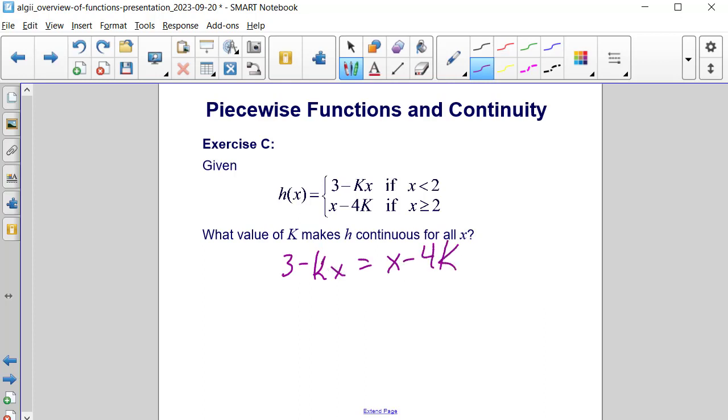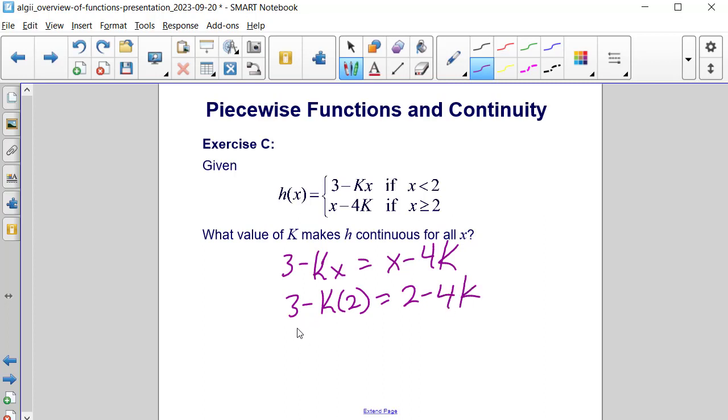And we're trying to find this value of k where the first part of the piecewise function ends and the second begins, and that's when x is equal to 2. So we're going to substitute 2 in for x and then solve for k. So we have 3 minus k times 2 is equal to 2 minus 4k.